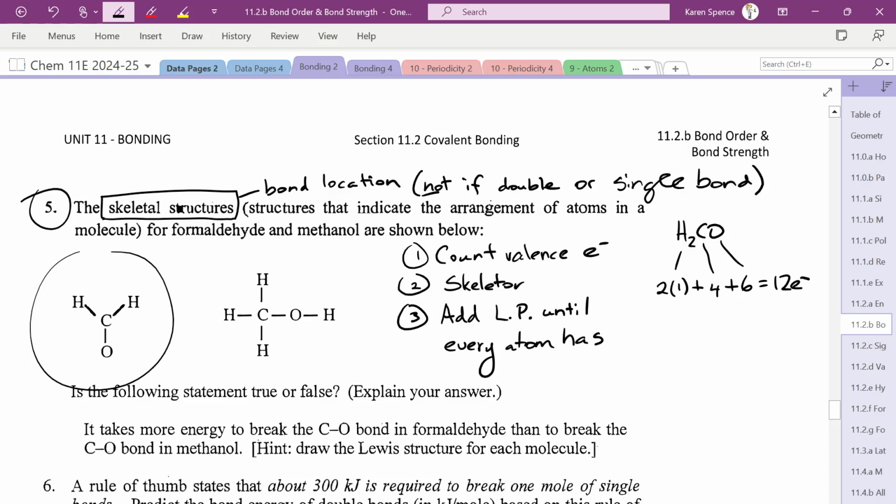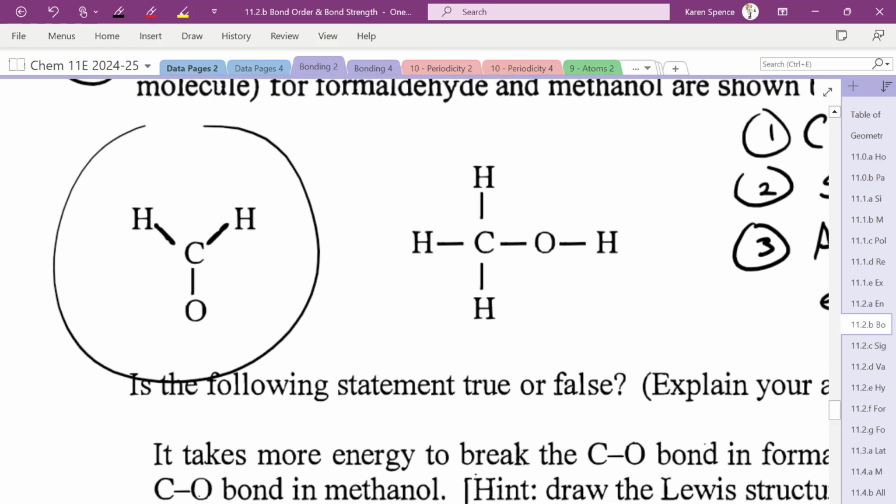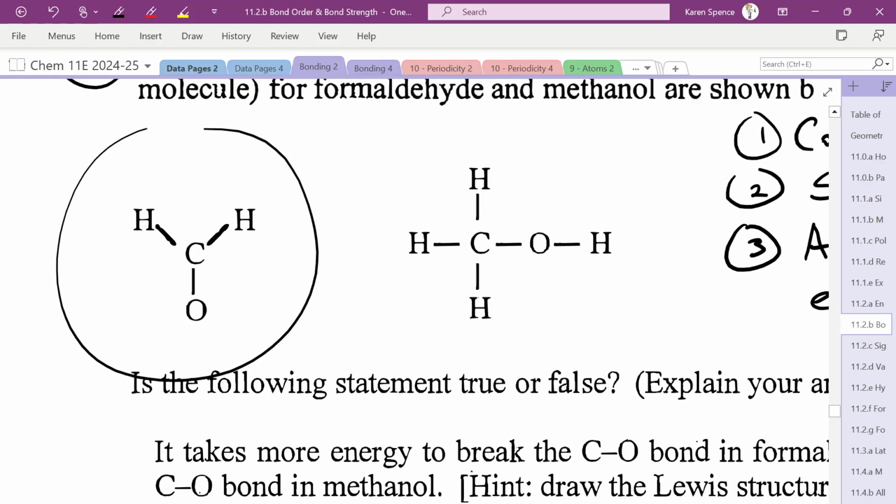Until every atom has an octet, or 8. Except for exceptions, of course, okay? So who does not have 8 in our structure here? H doesn't have 8, but does it need 8? No, it's an exception. It only needs 2.